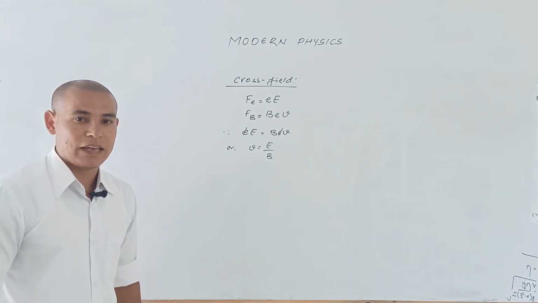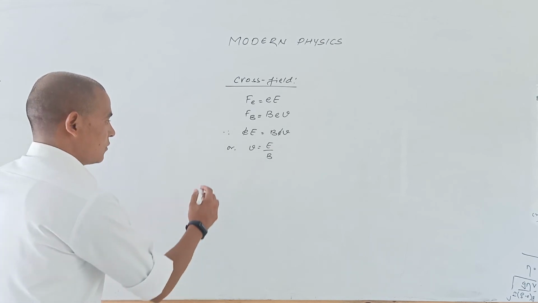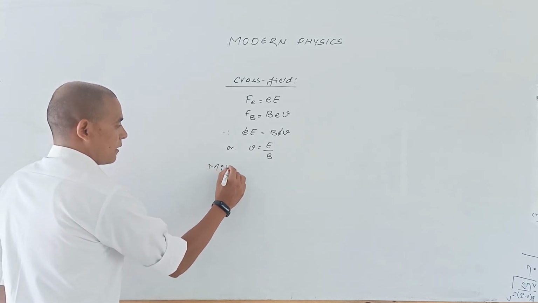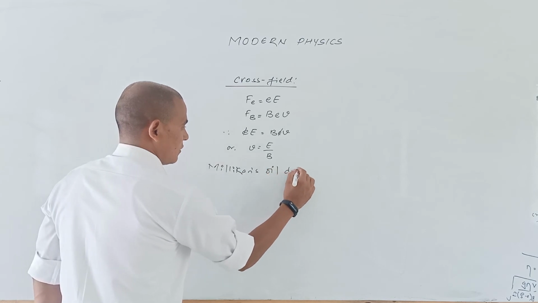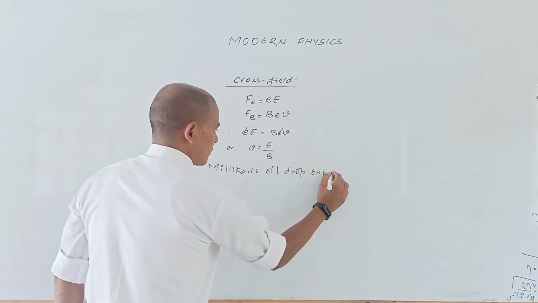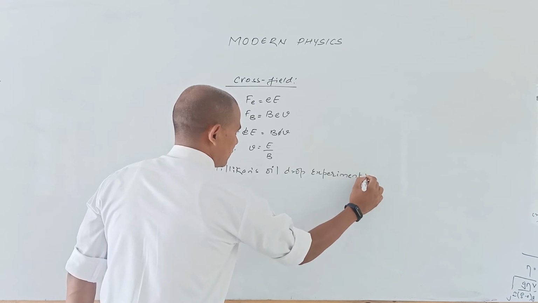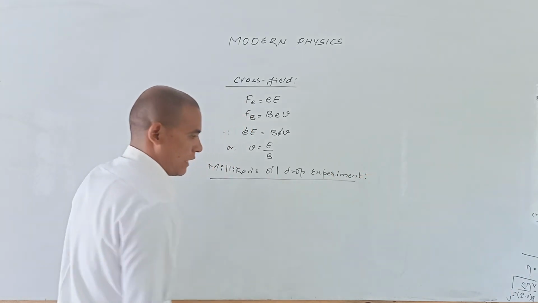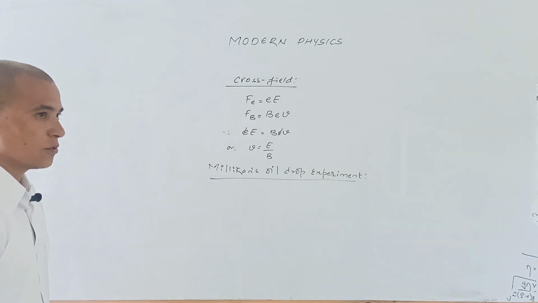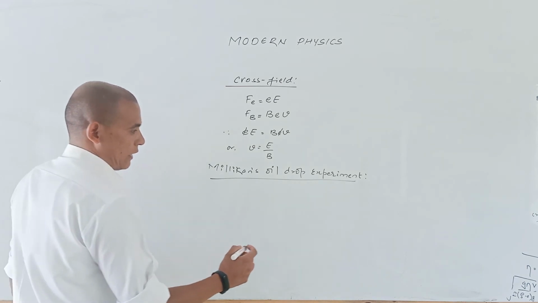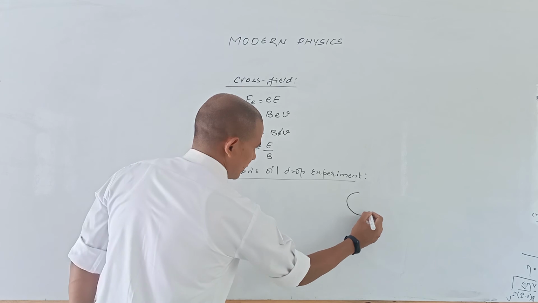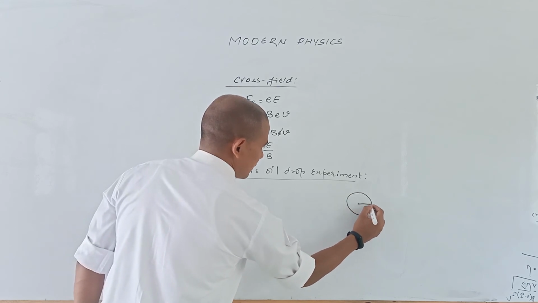Again, we have discussed Millikan's oil drop experiment. Here are a few formulas that we have to remember. First of all, we have to calculate the radius of an oil drop, as I discussed in the previous class.